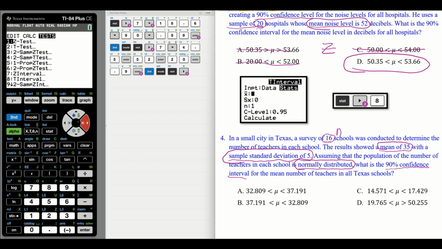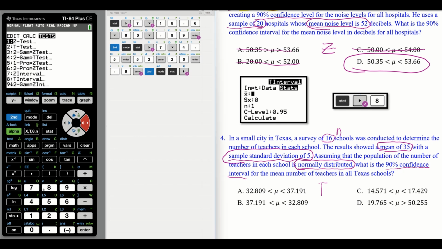It's not for the population. Well, let's see what we need to do. We're going with a small sample. I think we should use a T interval, and I'll tell you why. It doesn't say an accepted sample, but it says directly a sample standard deviation.